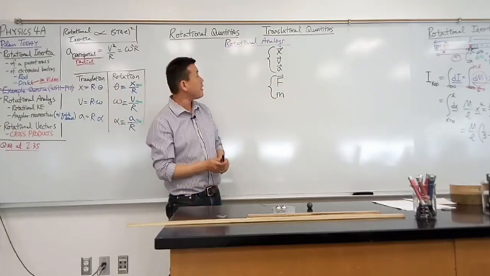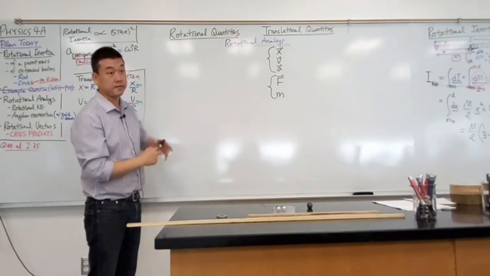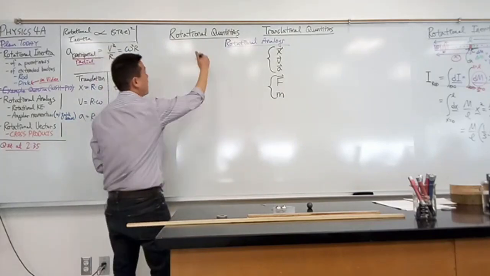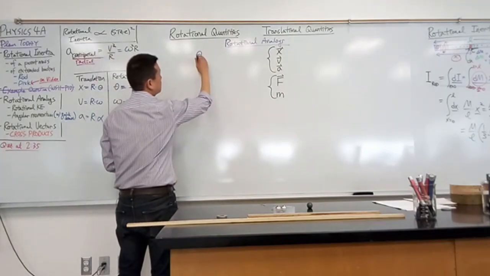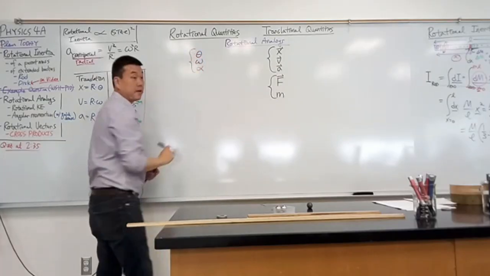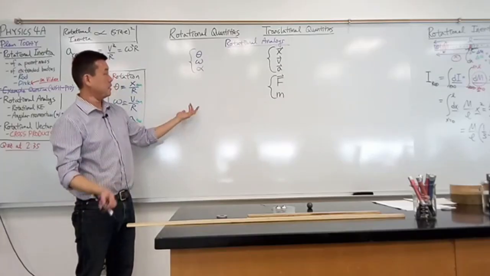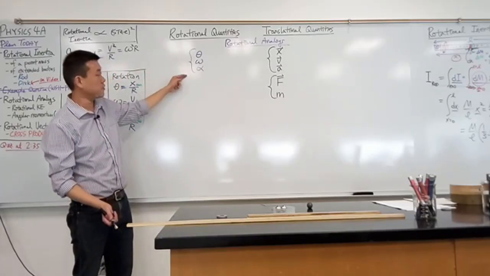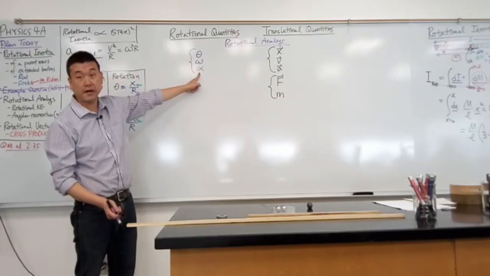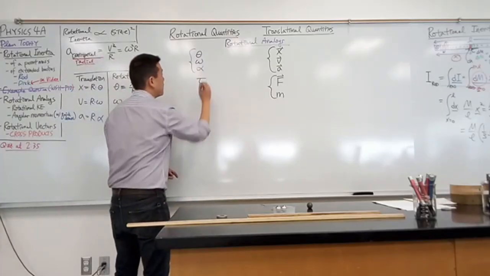And they directly correspond one-to-one to the rotational quantities. So there's the angular position, angular velocity, and angular acceleration, right? The rotational kinematics. And in the question of what causes rotational kinematics, what causes angular acceleration, our answer was torque.